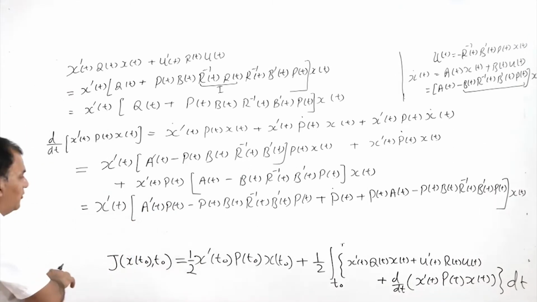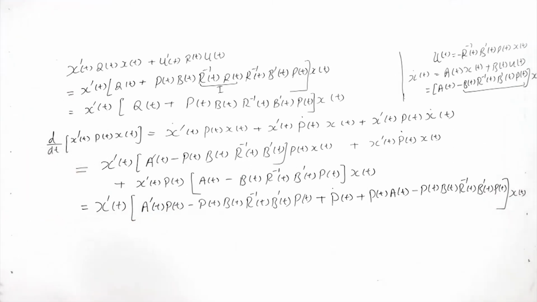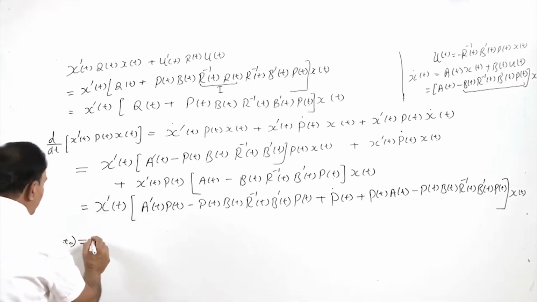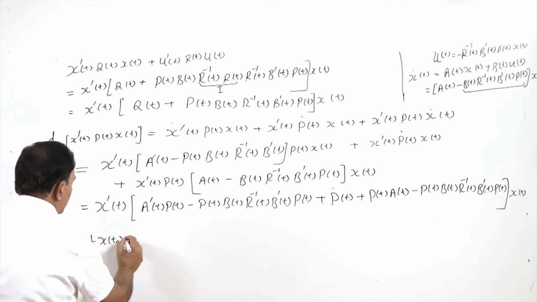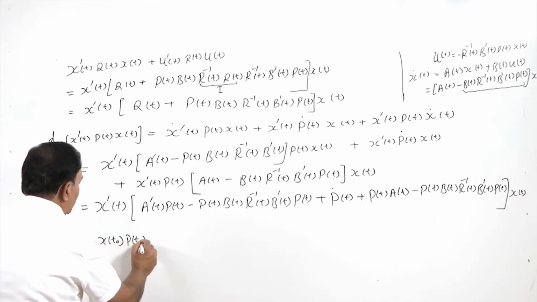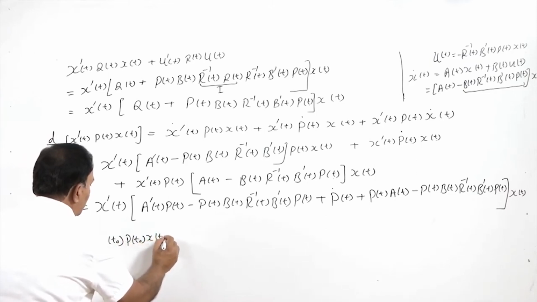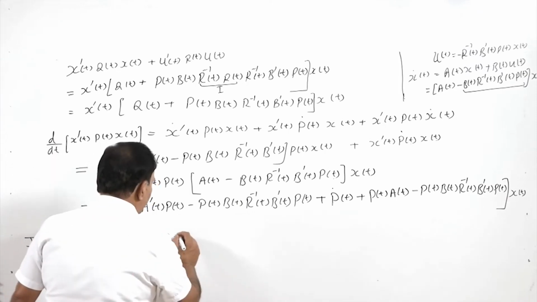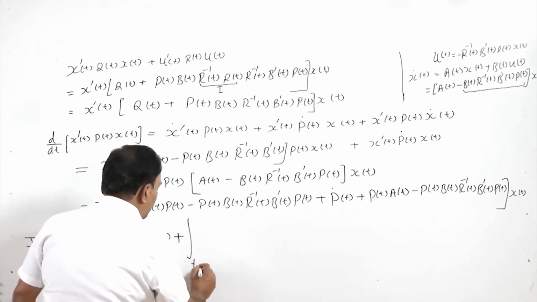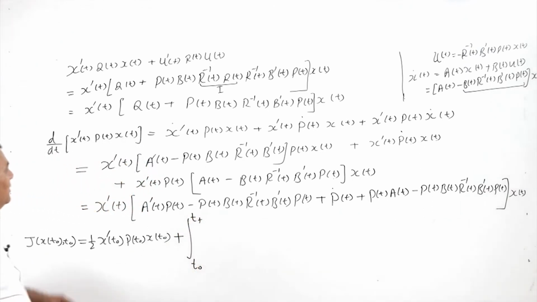So once we add these two terms, we will get J as, my first term was 1 by 2 x transpose of t0 P t0 x t0, the first term, plus integral t0 to tf, and these two terms I have to add.